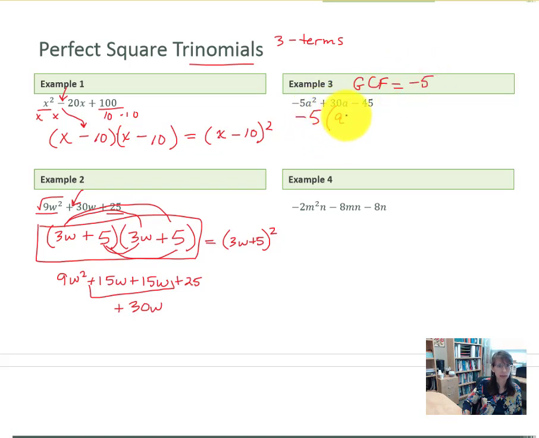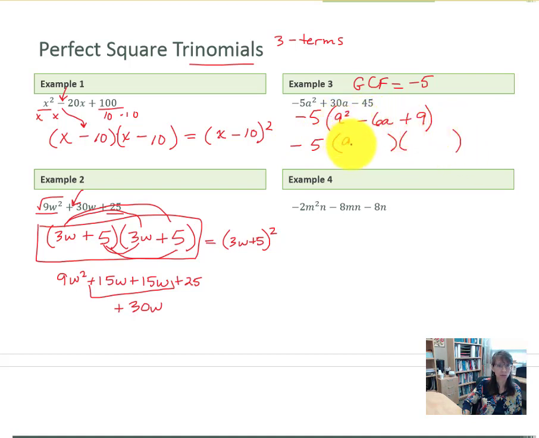That would leave me a squared minus 6a plus 9. Now a squared and 9 are both perfect squares. So I can continue my factoring as a perfect square trinomial.